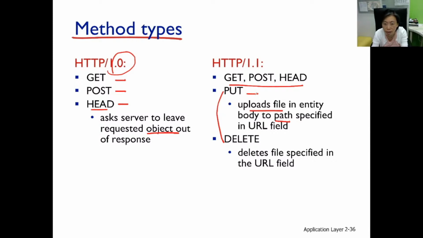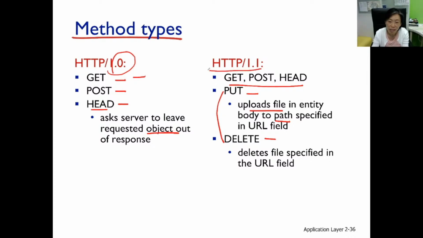So put here implements file upload. Delete, deleting a file. So FileZilla also allows you to do this. So essentially, HTTP 1.1 is to extend the original HTTP to include all the file uploading, downloading services, because the original HTTP only does file downloading, not quite the uploading.